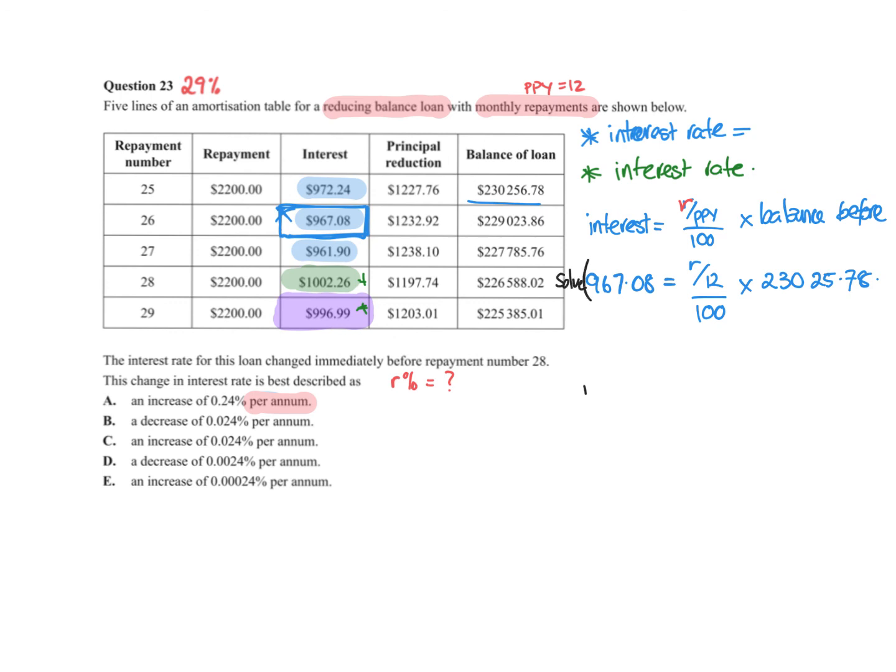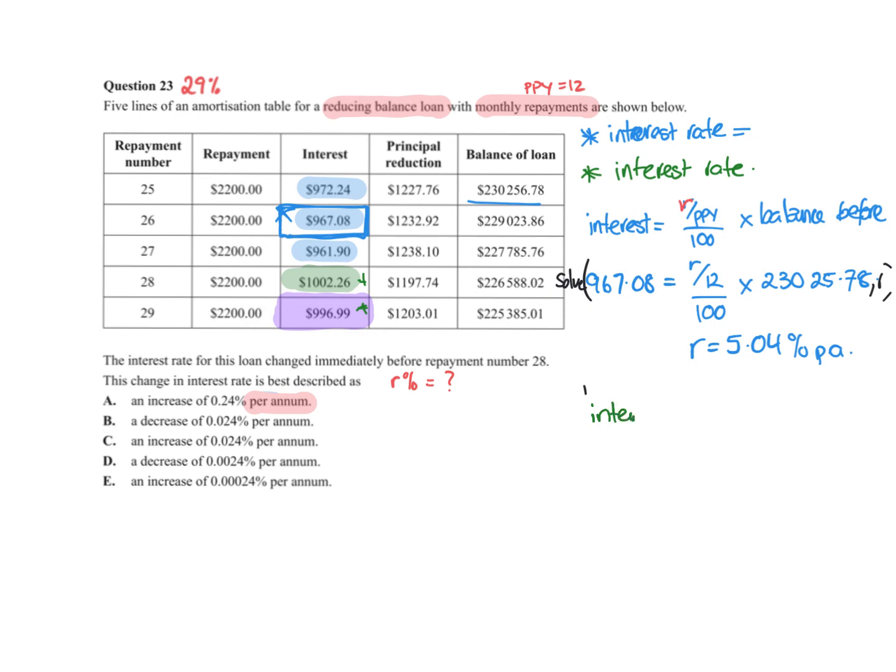So we'll just use solve, comma, R, and we're going to find out what the interest rate is at the start. So I get the blue interest rate per annum to be 5.04% per annum.